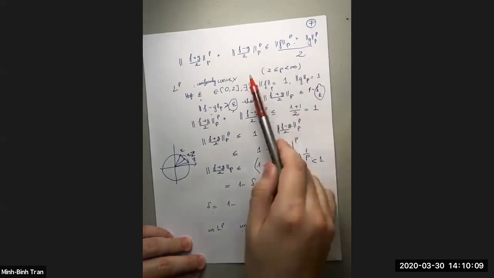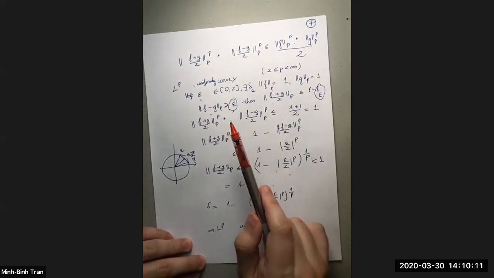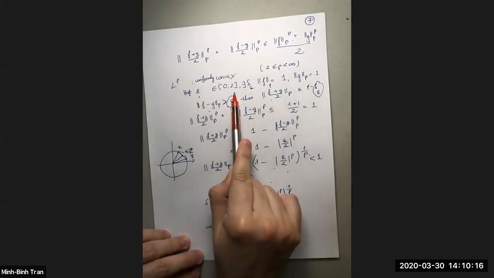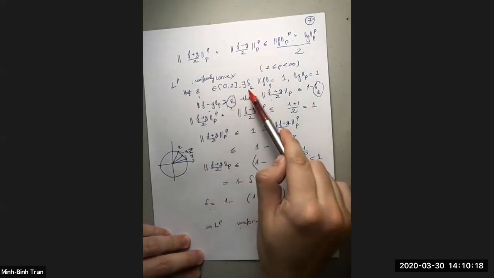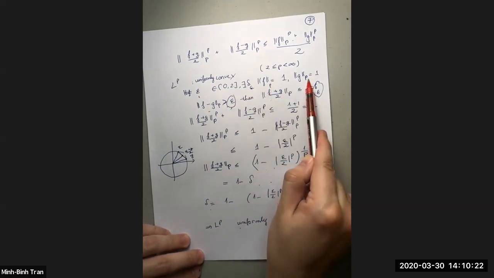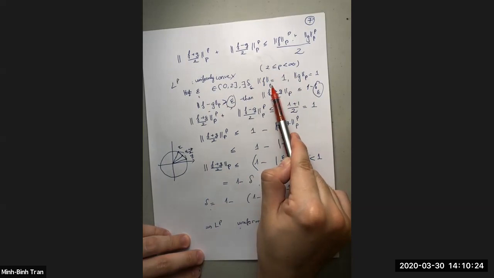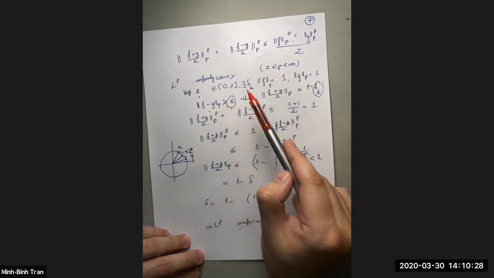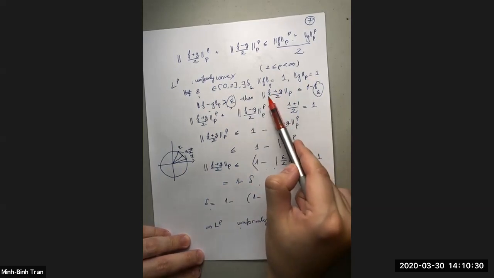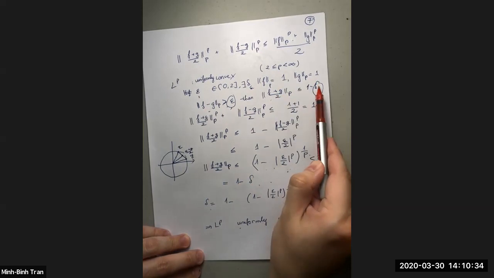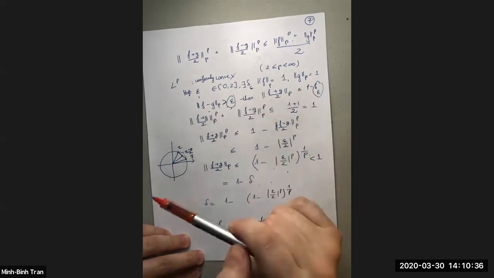All right. So in the previous class, we know that once you have this one, you can show that L^p is uniformly convex, in the sense that for epsilon between 0 and 2, there is a delta epsilon such that for any f and g whose norms in L^p are 1, but the distance between f and g is bigger than epsilon, then the length of the midpoint (f+g)/2 is going to be smaller than 1 minus delta epsilon, right?